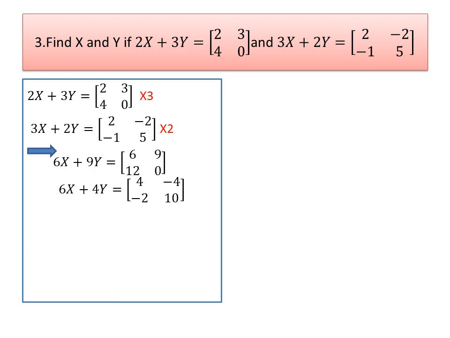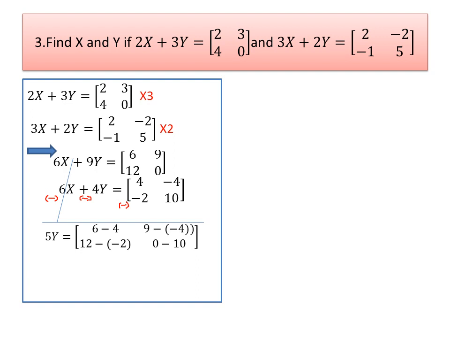Now the coefficient of x is equal, therefore by subtracting these two equations, 6x minus 6x gives 0, 9y minus 4y which is 5y is equal to [6 minus 4, 9 minus of minus 4; 12 minus of minus 2, 0 minus 10].